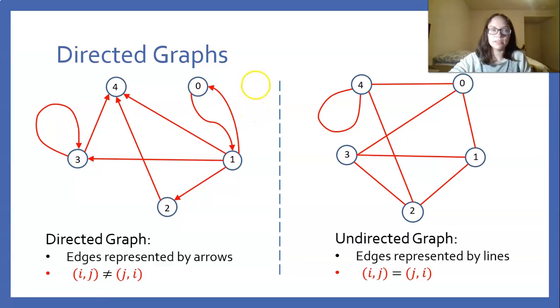We see between node 0 and node 1 that we have two arrows, one going one direction and the other going backwards. So if we use the phone call example before, this might represent that they each called each other, maybe on two separate occasions.